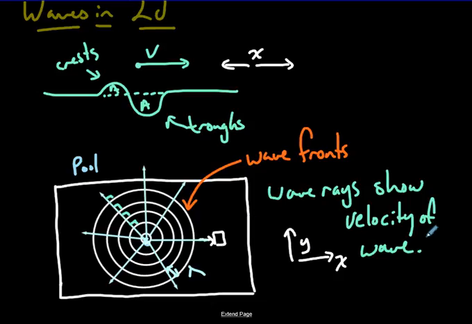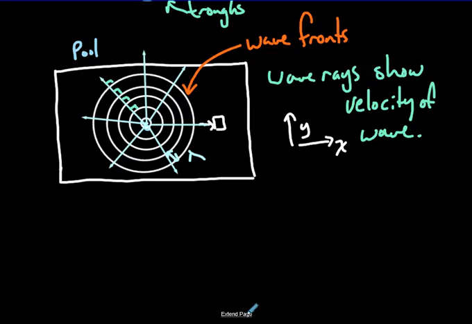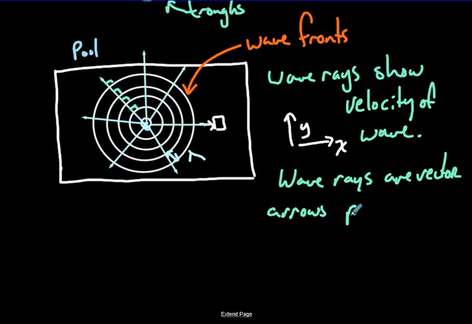You'd have to talk about the magnitude separately, but these show the direction of travel. So waves travel outward from the source in all directions. Wave rays are vector arrows placed at 90 degrees to wavefronts.